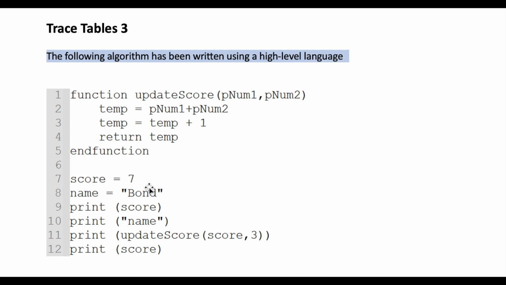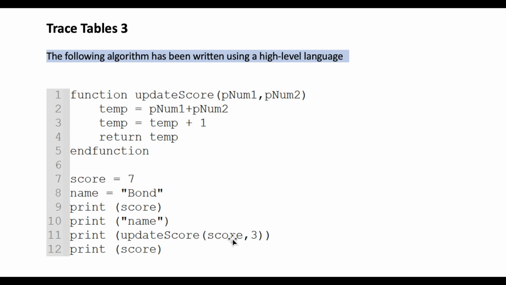So in the main body of the program, which is line 7, we are declaring a global variable called score, and we're setting it to 7. We're declaring a variable called name, setting it to bond. We're printing the value of score, printing the string literal name. We're printing, and then we are calling this function, which we've just been talking about.